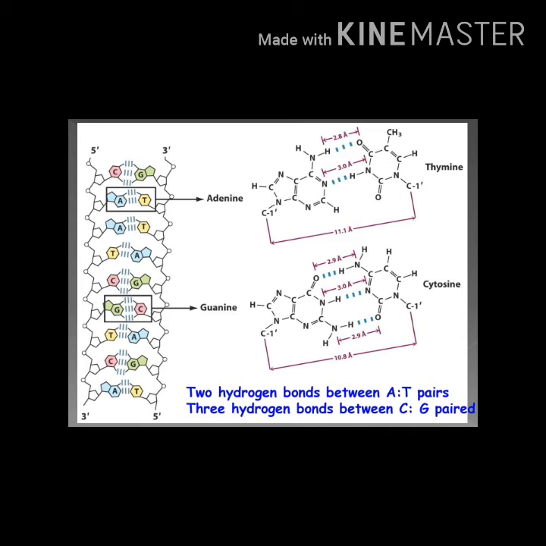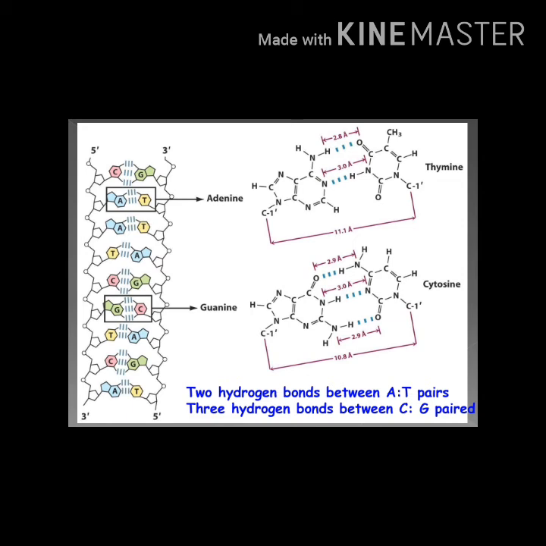Likewise, guanine binds with cytosine with three hydrogen bonds. These three hydrogen bonds are between oxygen, hydrogen, nitrogen, first one, and second one with 3.0 Armstrong bond length between nitrogen, hydrogen, and again nitrogen.